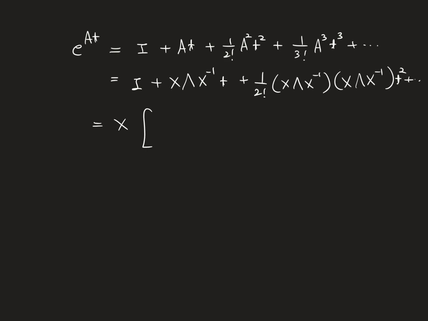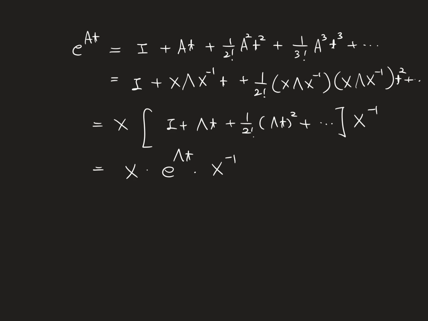We have X times I plus lambda t plus 1 over 2 factorial lambda t squared plus and so on, times X inverse. And X is the eigenvector matrix for matrix A. This is X times e to the lambda t by definition, and X inverse.